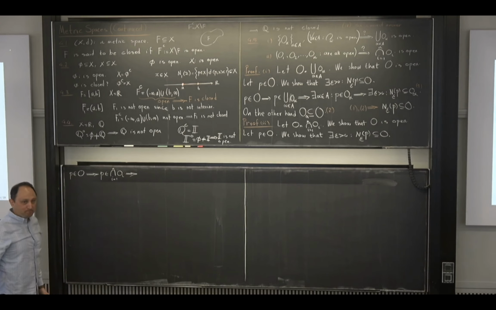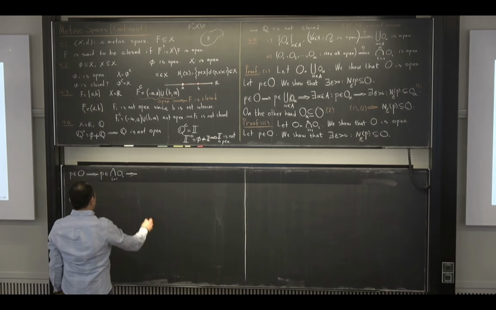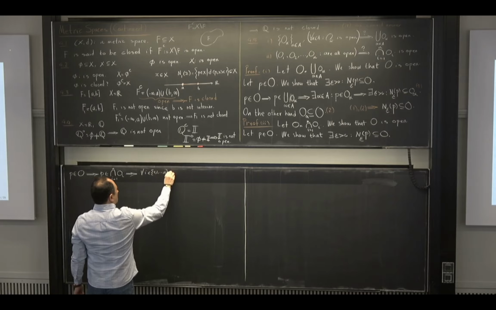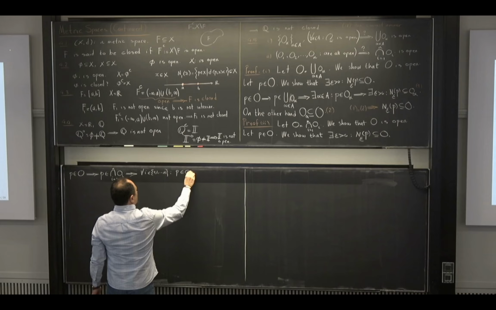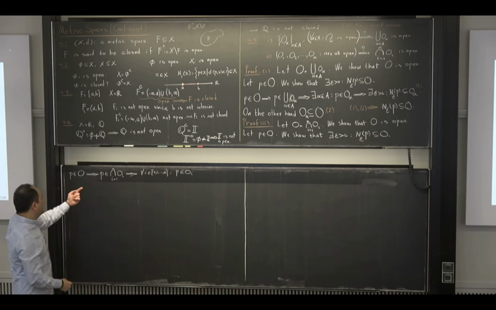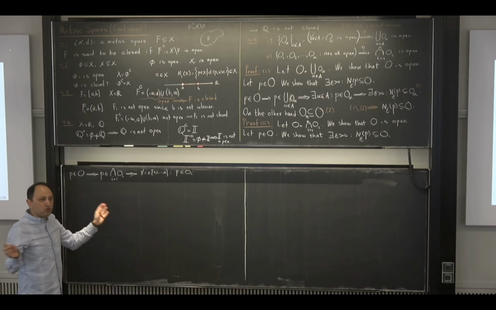Anyone else? Yes? It's in every single one of those. In every one of these. Yes. So how should I write it? It means that for all i in the set of 1 up to n, P belongs to O_i. Is that right? Because when something belongs to the intersection, it means it belongs to all of it.